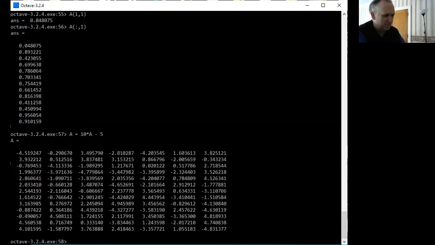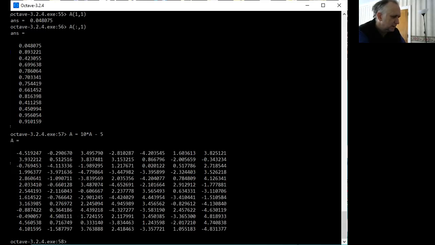Because it doesn't make sense, right, to subtract a number from a matrix. So the proper way to write it is minus 5 times the matrix of 1s, right? If you're subtracting 5 from everything, you want to subtract it from a matrix of 1s. By the way, I think there is a command called ones, and A is, again, 13 by 7, right?